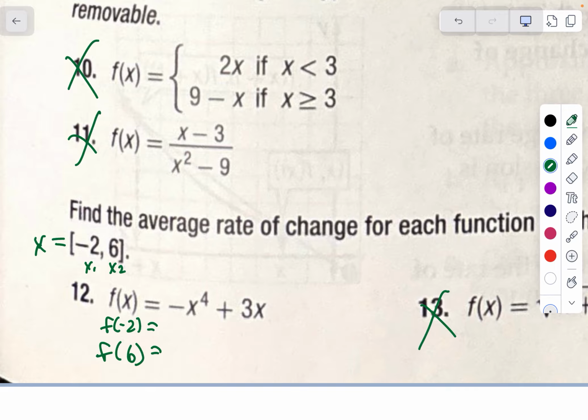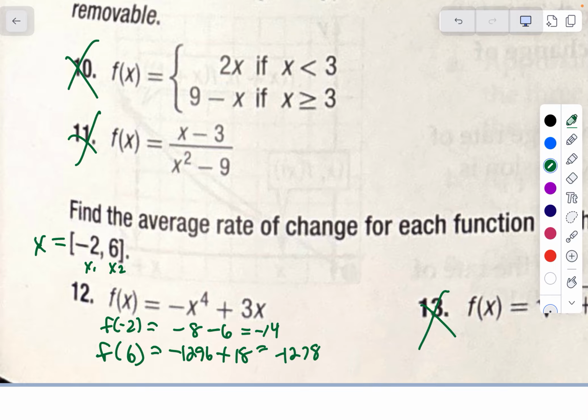Okay, if you plug in -2, you get -8 minus 6, or -14. If you plug in 6, what is 6 to the 4th? You get -1296 plus 18, which is -1278. Okay?